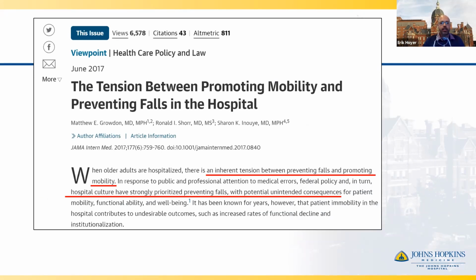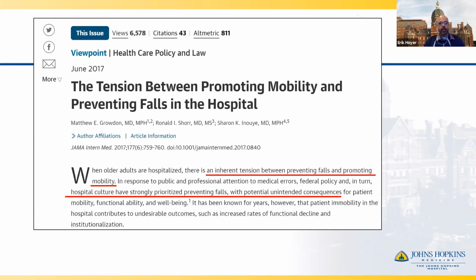You can see the senior author is Sharon Inouye, who is really well recognized for her research and as a clinician in the field of geriatrics, and basically they wrote this opinion piece, or viewpoint, and they highlighted that there's this inherent tension between preventing falls and promoting mobility.